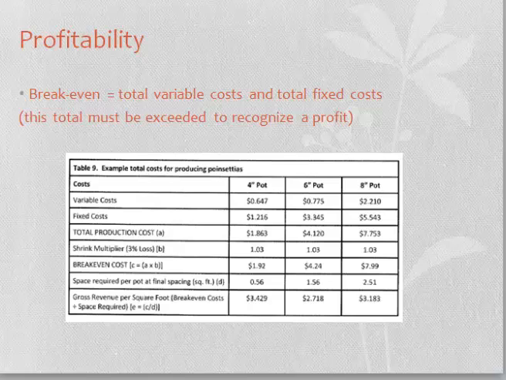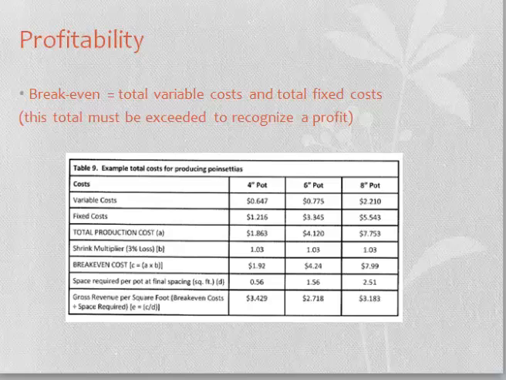And then here you'll see that you have break-even costs of 1.92, 4.24, and 7.99. So if you were to consider this, you could then move on and calculate the gross revenue per square foot by determining the square footage needed for each of these pots. But for our purposes in this video, we're just going to look at the break-even cost.